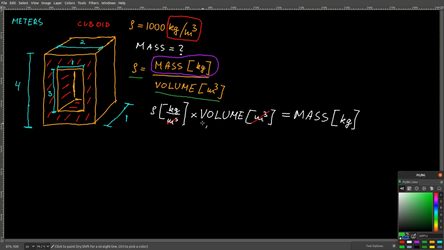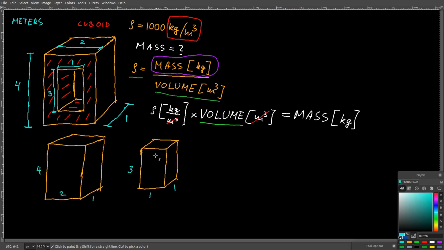To calculate the volume of that hollow cuboid, we can imagine two separate cuboids. One has the dimensions of the outer edges, and the other one, the dimensions of the inner edges. So this smaller cuboid is essentially this empty space inside our real cuboid.